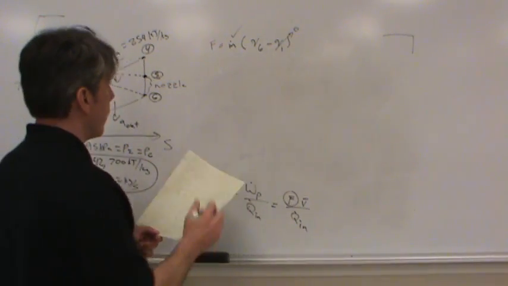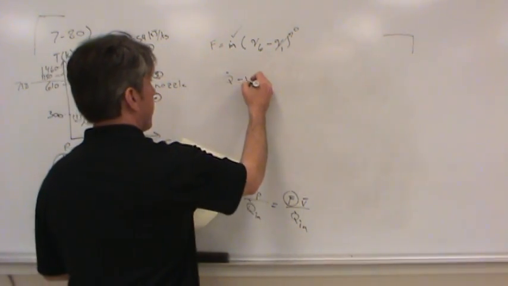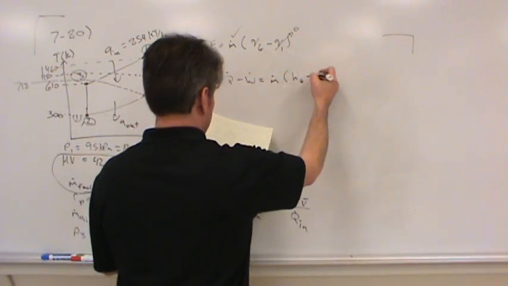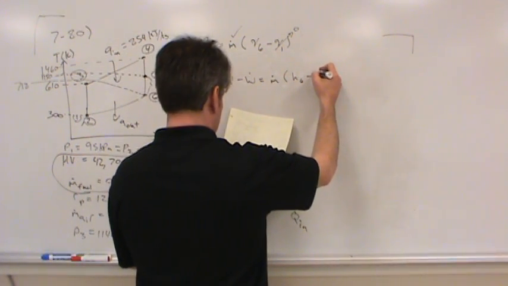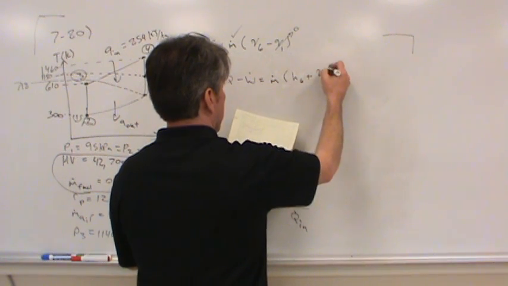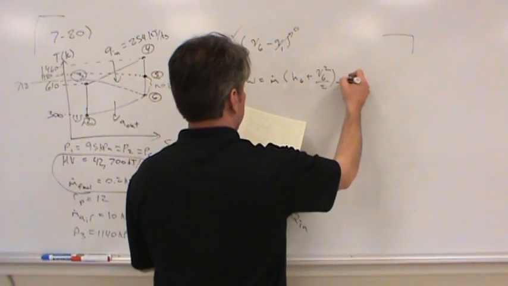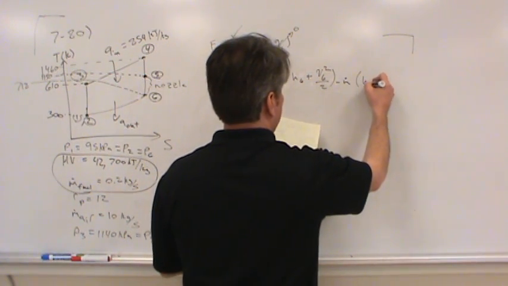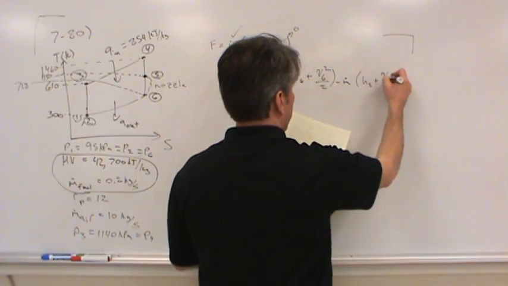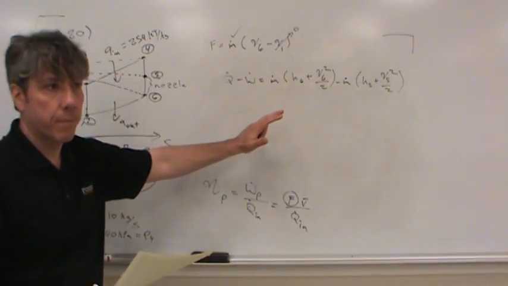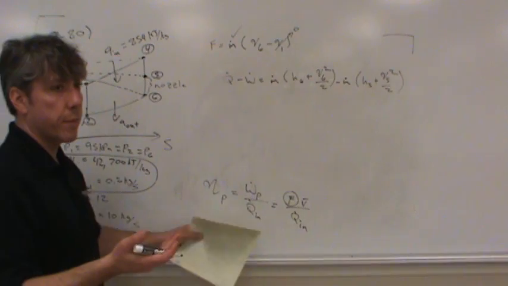What we did is we said we could use an energy balance. Q dot minus W dot equals mass flow rate times (H6 plus V6 squared over 2) minus mass flow rate times (H5 plus V5 squared over 2). Does that look somewhat familiar? Okay, that's just an energy balance.